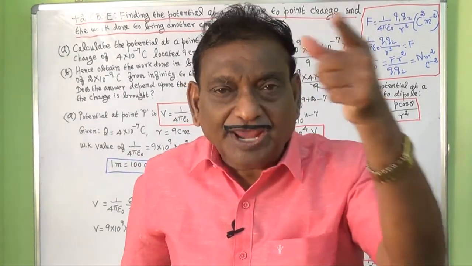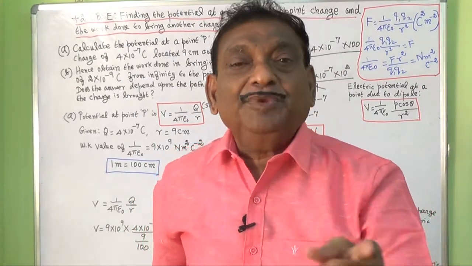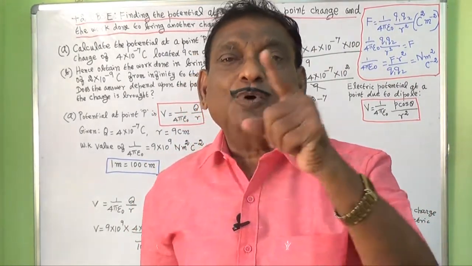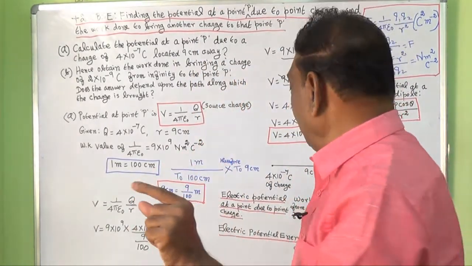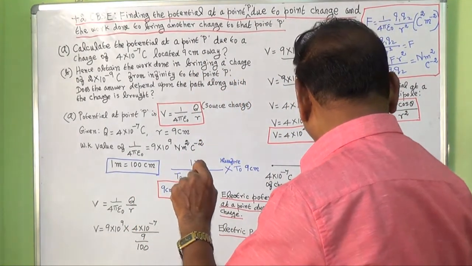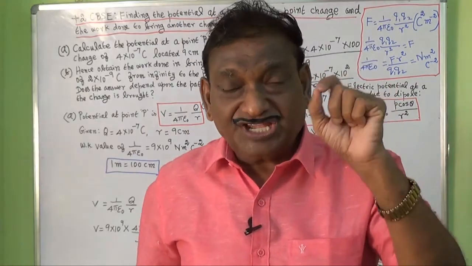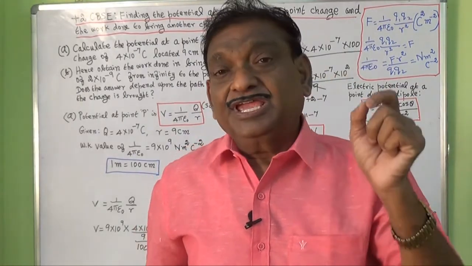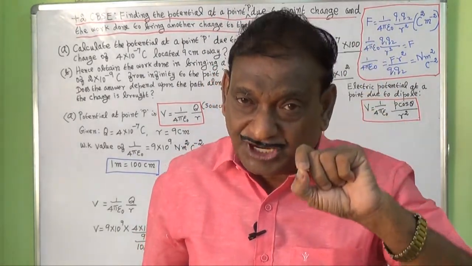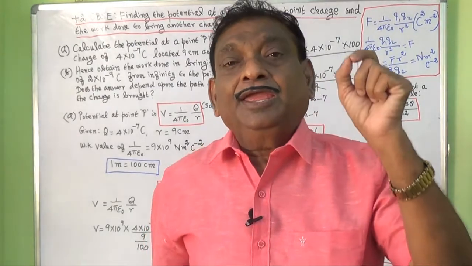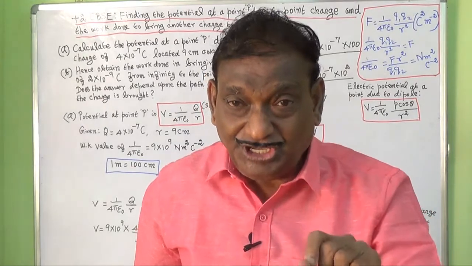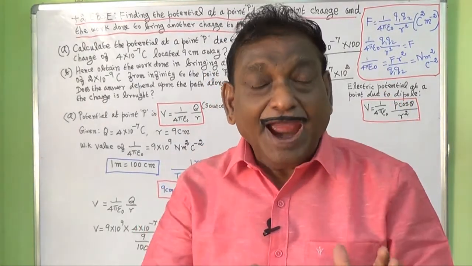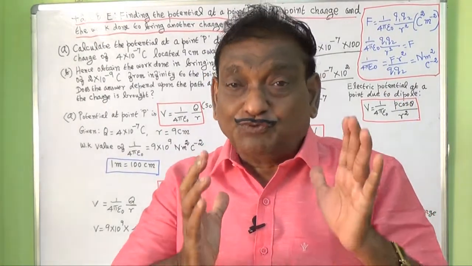From where to where it is to be moved? From infinity to a point at which we are going to find the electric potential energy. In both the cases, that is in respect of electric potential and in the case of electric potential energy, the work is done against the electric force.